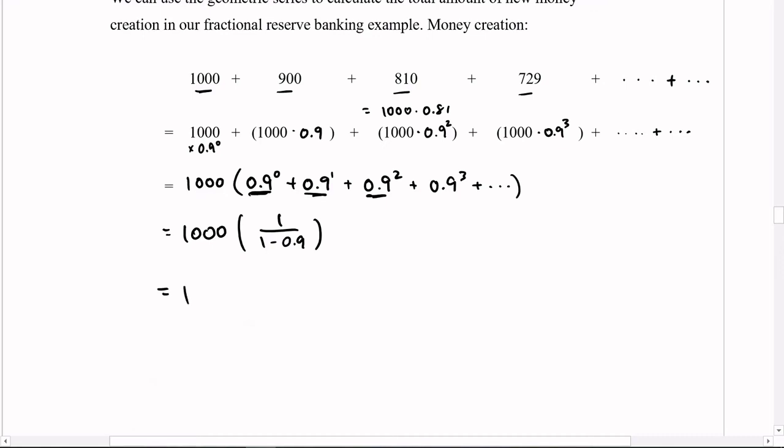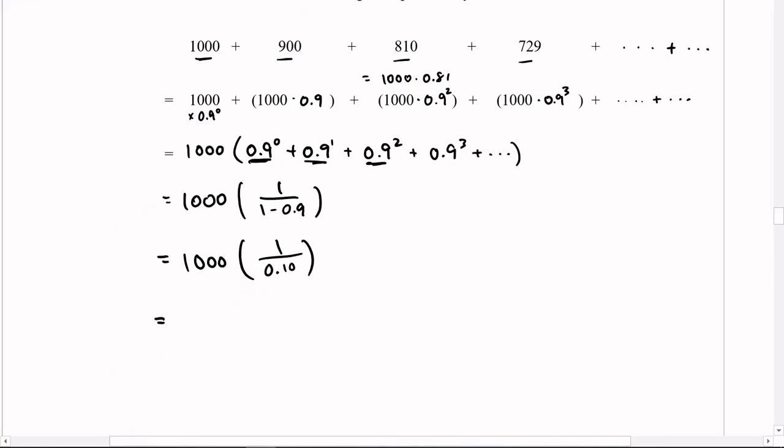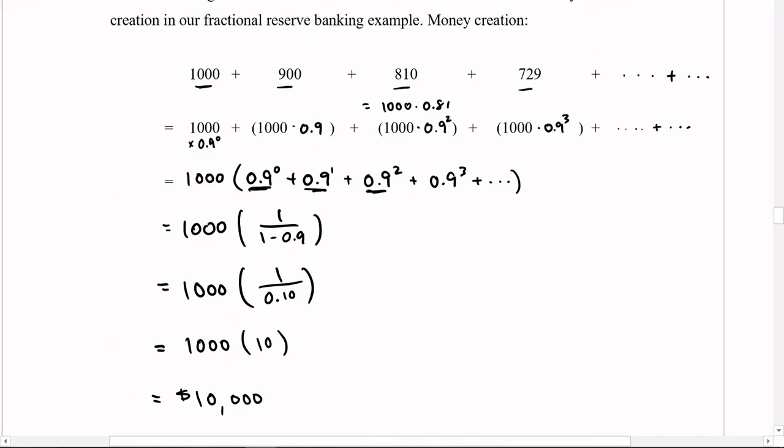1 minus 0.9 is equal to 0.1, or 0.10. We can take the reciprocal of that, and so we just get 1,000 times 10, or $10,000.